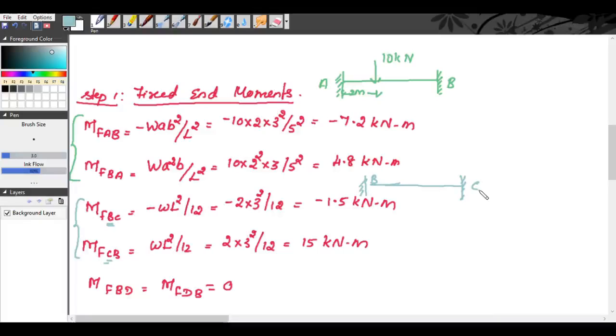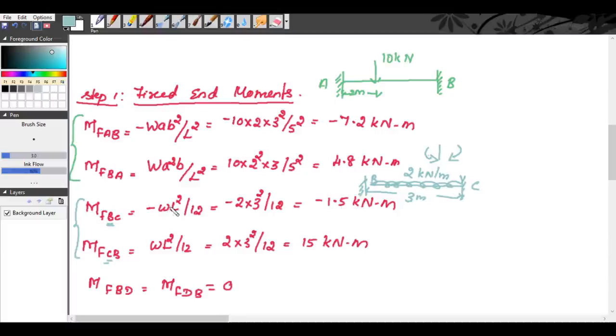For finding the fixed end moment, we will assume the supports are fixed. We have a UDL of 2 kilonewton per meter throughout the span length, and our span length is 3 meter. Our formula is, at the left it is minus W L square by 12, and at the right support we have plus W L square by 12, anti-clockwise at the left support and clockwise at the right support.